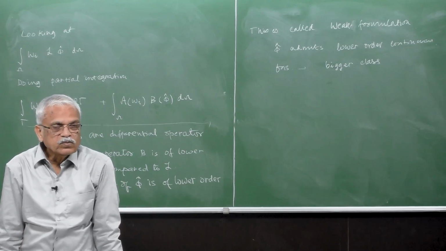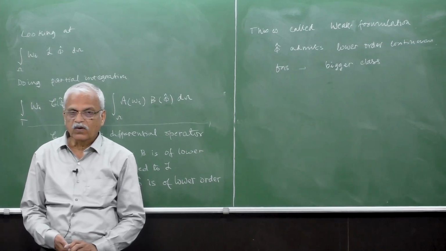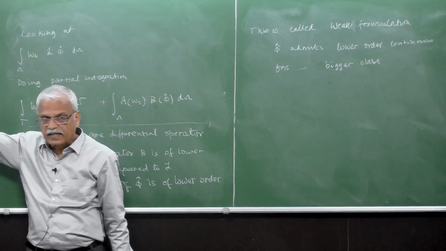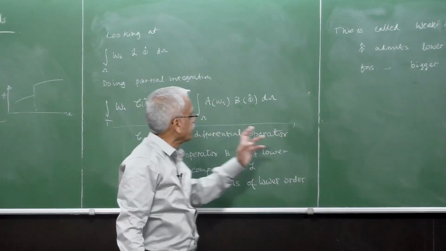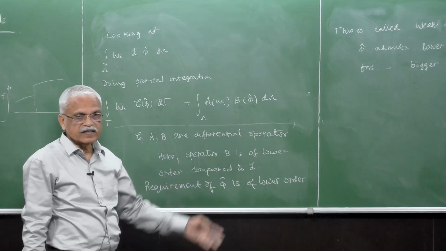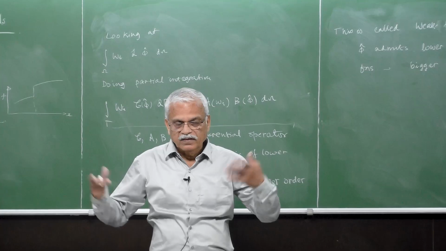And so the question now is, are we compromising on the solution? In reality, this is the stated problem. This is what we want. But then we ended up with this weak statement and say that phi hat can be of a bigger class.